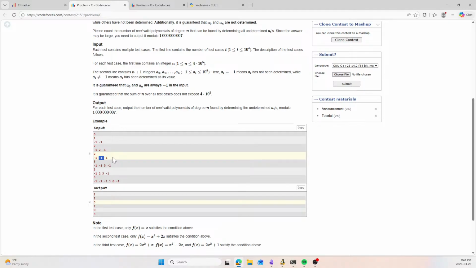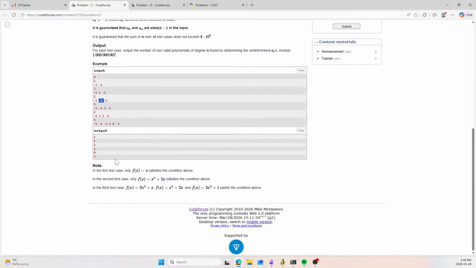It can be 2x squared and then x. 2x squared plus x. It can be 2x plus x squared. Yup. Oh wait, 2x plus x. Is that right though? X to 0, so 1x to 0 plus 0x to 1.